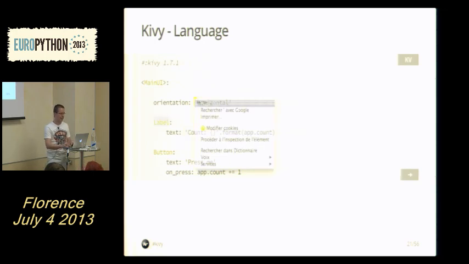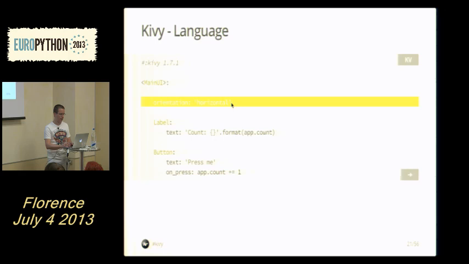In the label, if I use root, it will always represent the top widget of your rule, so it will always be the main UI instance. And the last reserved keyword is app, which is your current running application.